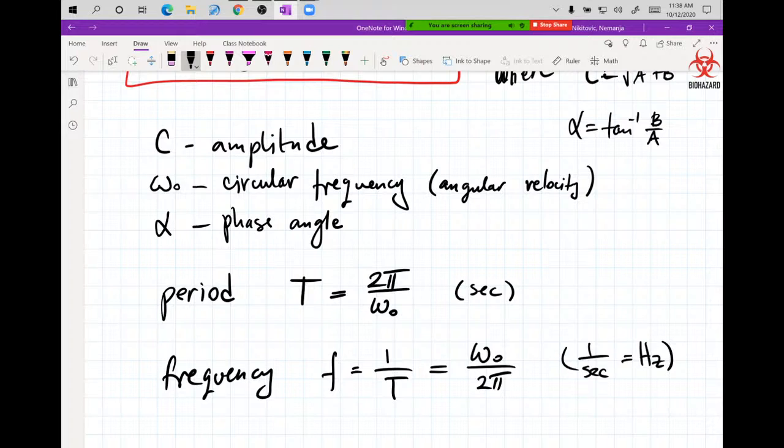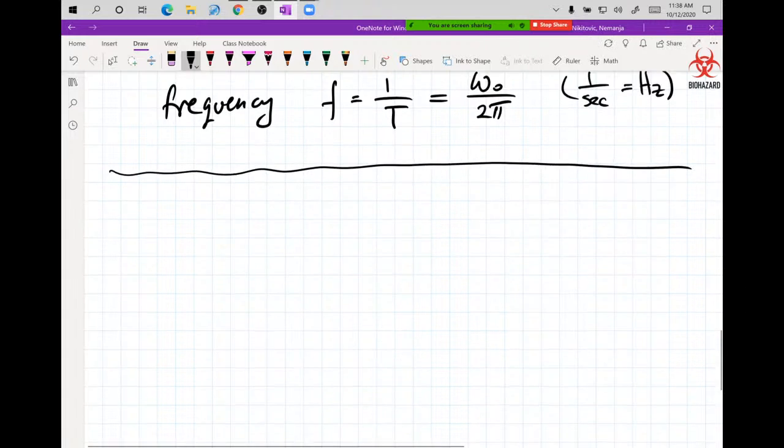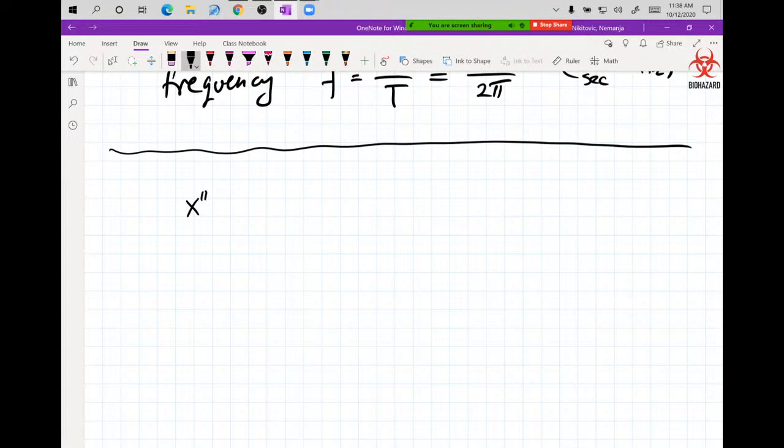So that's what we have to understand, our basic ideas. And now we want to take a look at a simple example and understand some of these calculations in a physical environment. So let's say you have x double prime plus, let's say, 36 for simplicity, x equals 0. And you want to take a look at the solution for something like this.